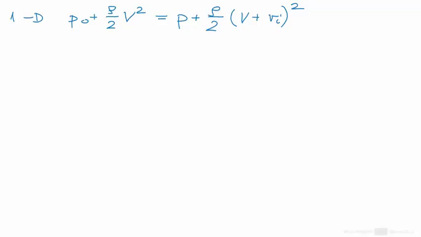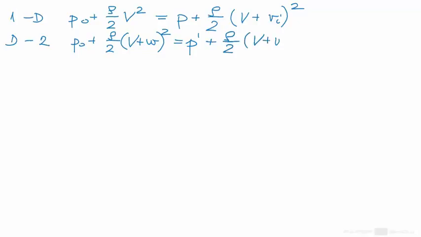So the static and the dynamic pressure. Then, between the disk and the second section, down in the wake, we have P0 plus rho over 2 (V plus W) squared equals P prime plus rho over 2 (V plus VI) squared.